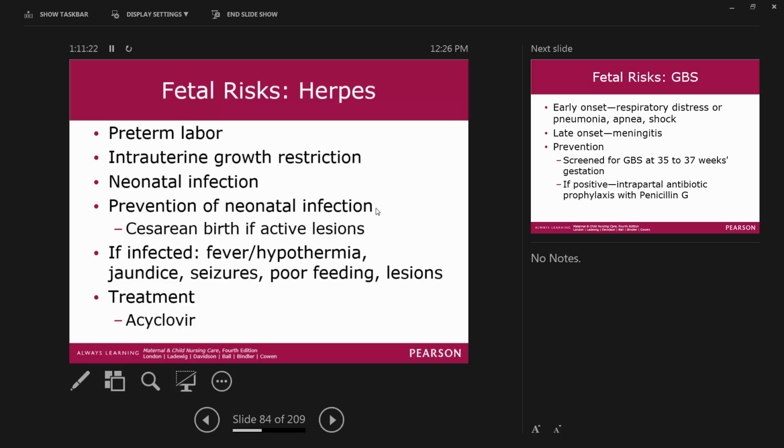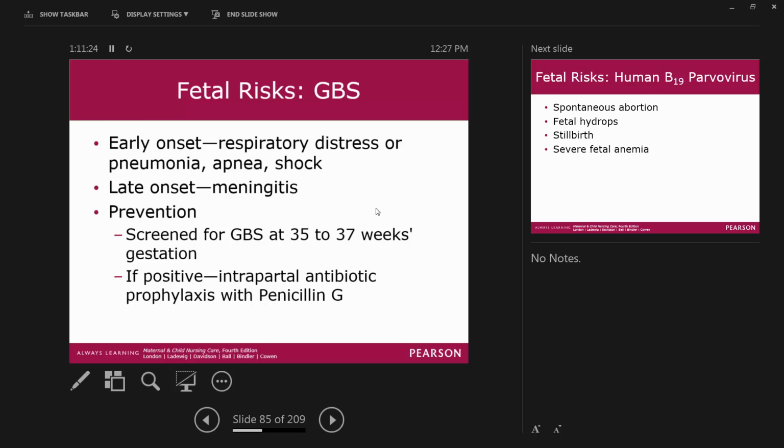So anyways, GBS, these are our problems with GBS. Now, we don't screen mom until around 36 weeks. GBS is a common normal flora type bacteria that half of us in this room are carrying around right now. And this does not make us sick. But if our baby is born through our vagina and we have GBS bacteria, then our baby will get extremely sick.